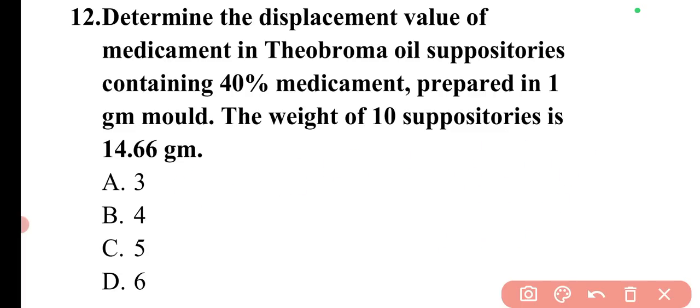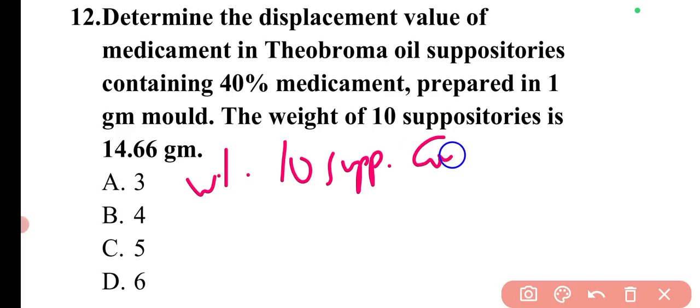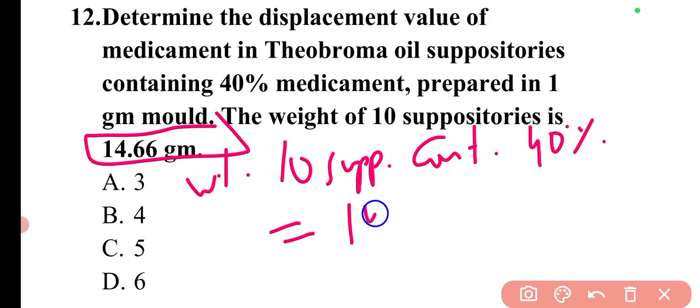Now the second thing we need to calculate is the weight of 10 suppositories containing 40% medicament, that is given as 14.66 grams.